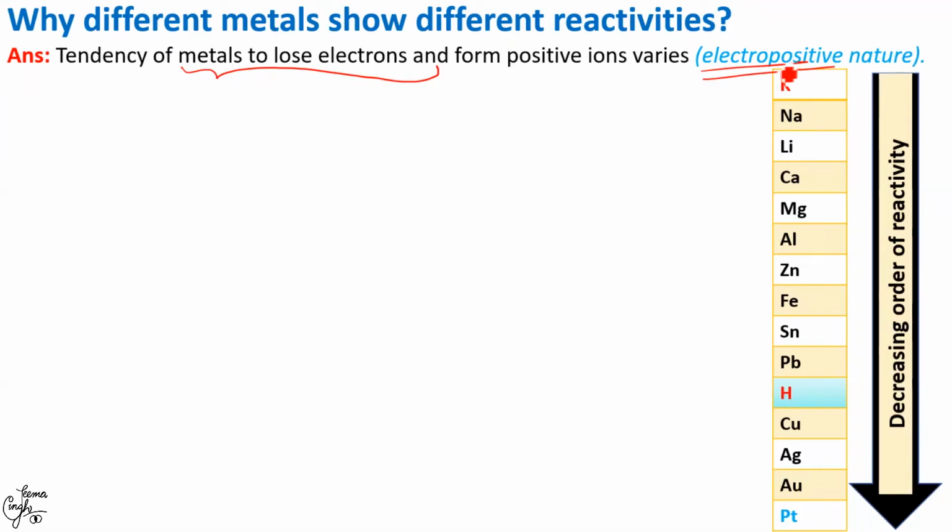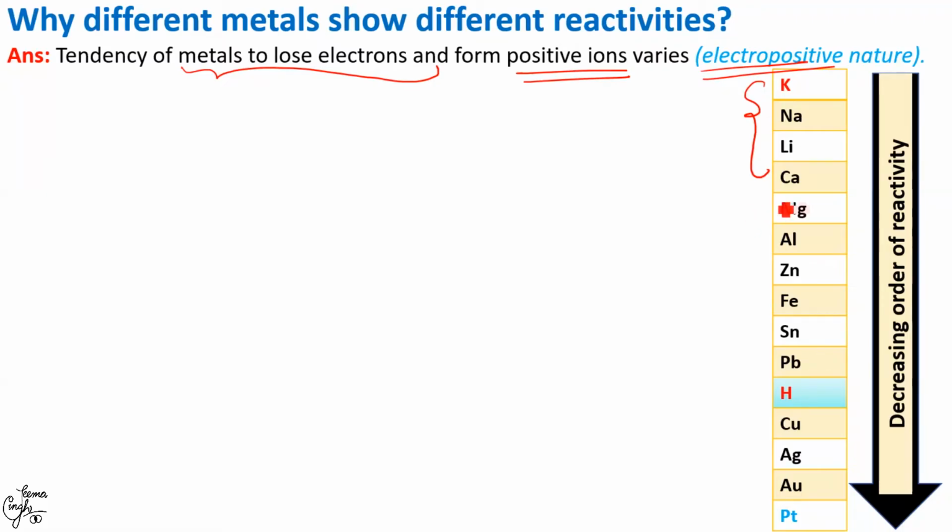A metal that has greater tendency to lose electrons to form positively charged ions will be able to react faster with other substances and thus will be placed higher in the reactivity series. On the other hand, if a metal loses electrons less readily, its reactivity will be less and it will find a lower place in the reactivity series.